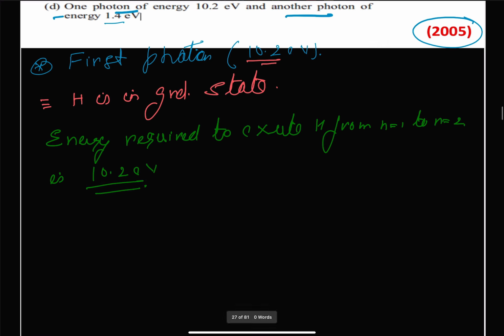So it means because of the first photon, the electron goes from N equal to 1 to N equal to 2, and the atom is now basically in the first excited state.